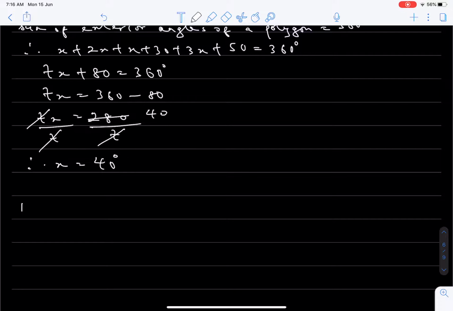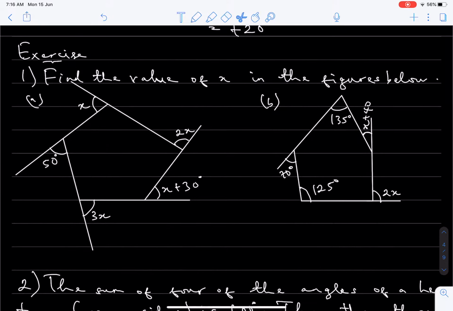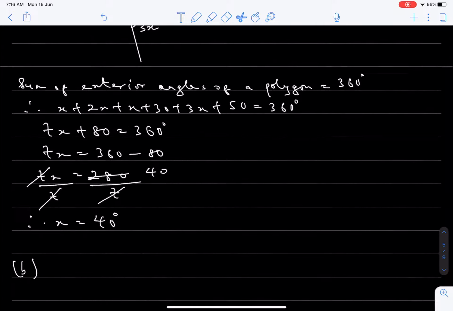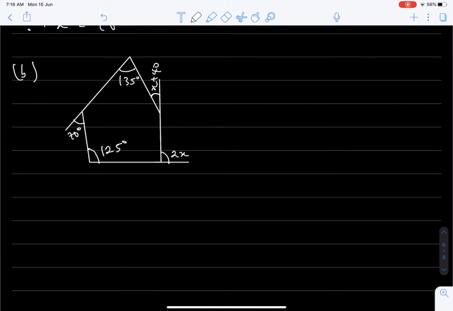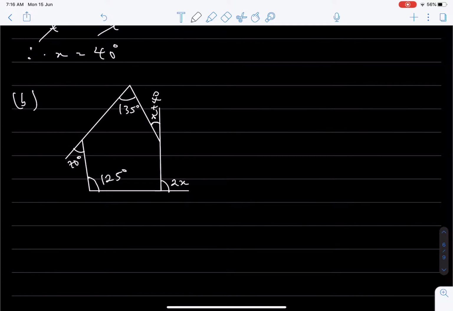Now to the second, B. Let me just copy the diagram and paste it here. This is question B. And how do we solve that? We don't have all the exterior angles here. Note that an exterior angle is formed by extending any of the sides of a polygon.